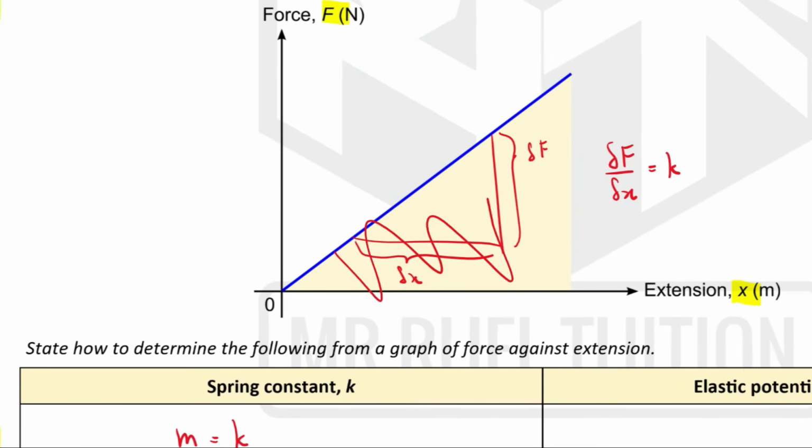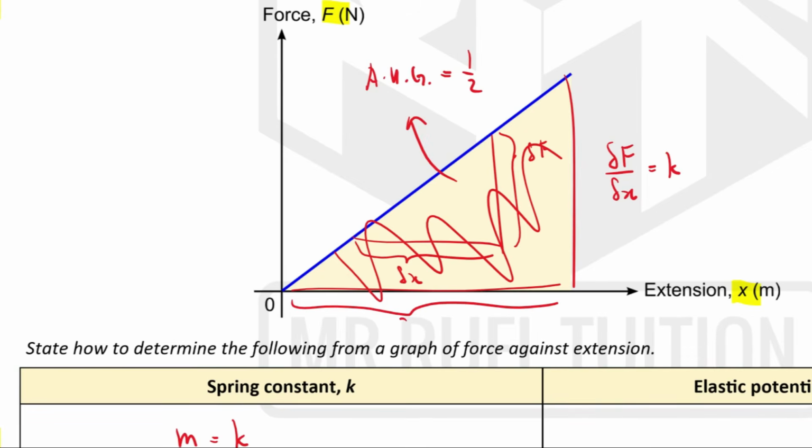The area under the graph, this is a triangle, and so the area under the graph is equal to half times the base, which is the change in x, delta x, times the height, which is the change in f.